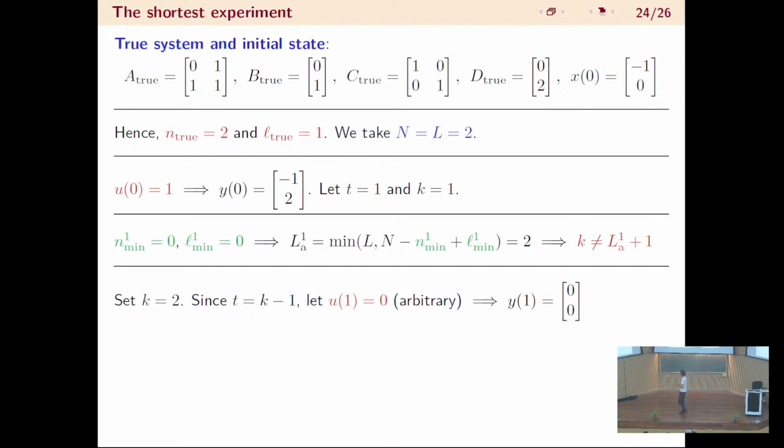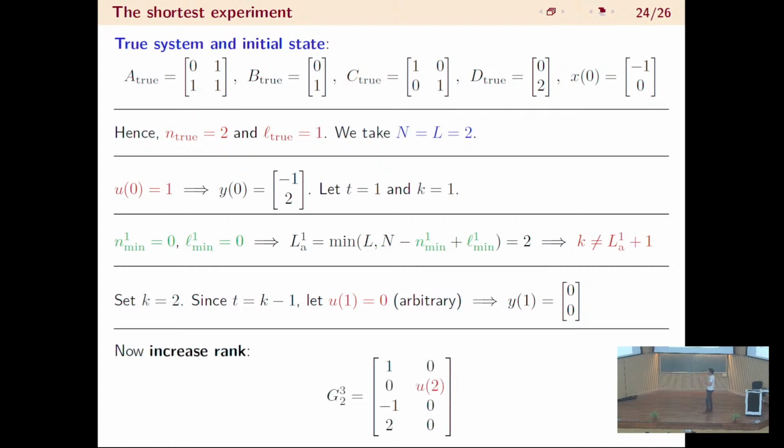In this case, something interesting is happening. Because K is equal to 2, and I only have one data point, I do not have enough data to fill my Hankel matrix. In this case, you can choose U to be arbitrary, and we measure the corresponding output. Okay. Now the idea is, for this fixed depth 2, to increase the rank of the Hankel matrix. So how to do that in this case? Well, for time 2, I just choose U2 to be non-zero, right?